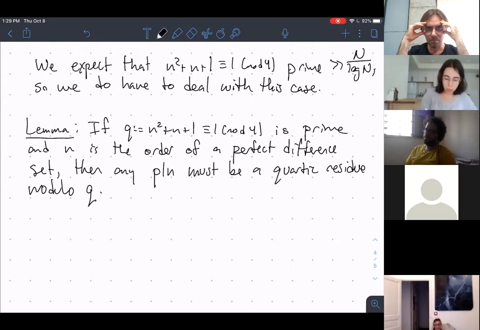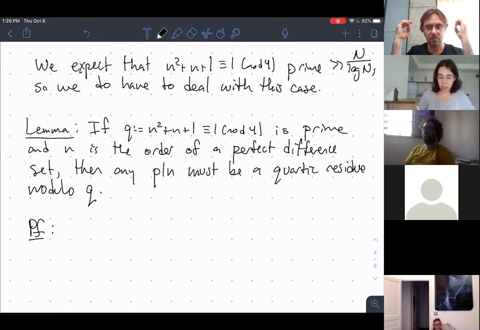And the way this is proved is kind of similar to the proof of Mann's theorem, and it uses something called the theory of multipliers of perfect difference sets.